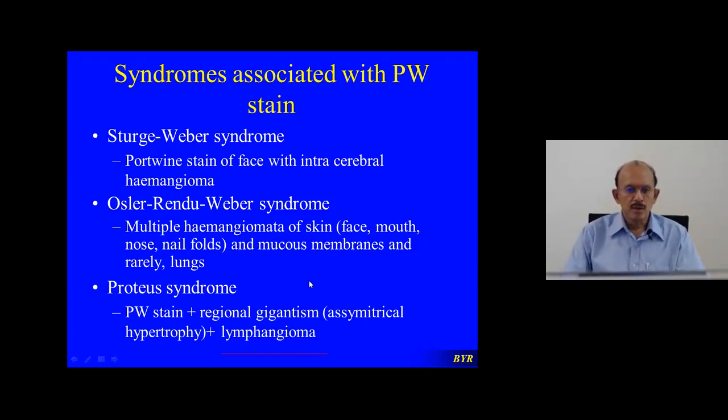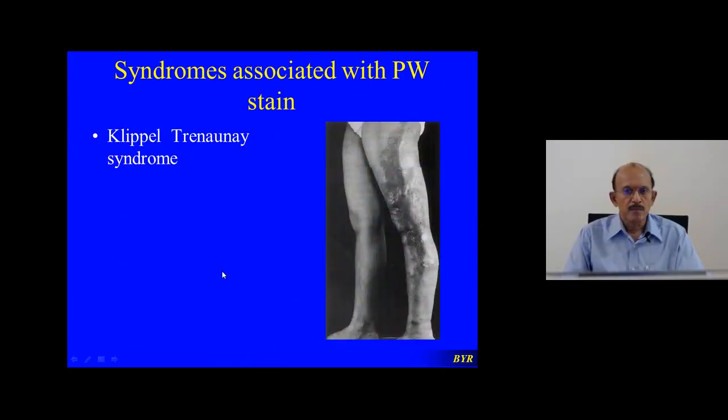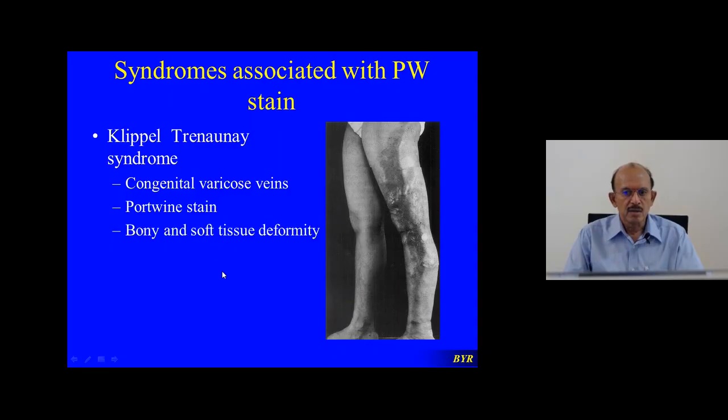Proteus syndrome: port wine stain plus regional gigantism plus lymphangioma. Klippel-Trenaunay syndrome: congenital varicose veins, port wine stain, bone and soft tissue deformity due to local gigantism.